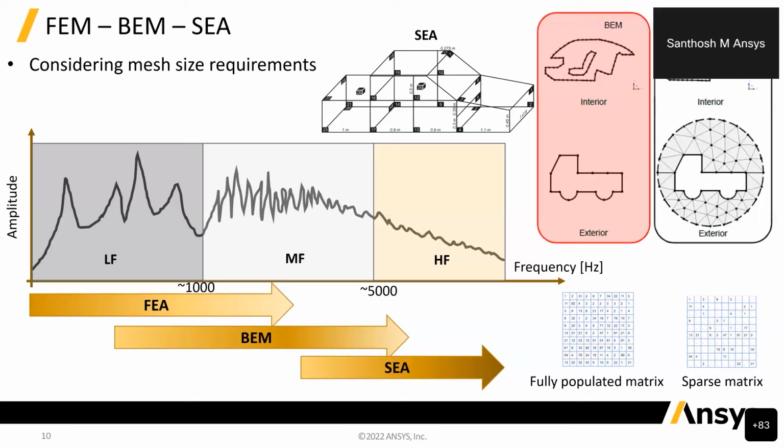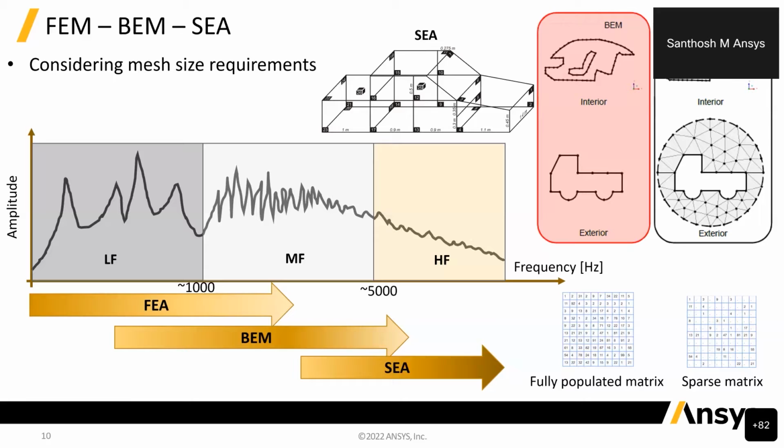But the boundary element method results in a fully populated matrix. Though we have a small number of elements, the matrix size is still a challenge to solve. So that's why we can't use the boundary element method at all places.